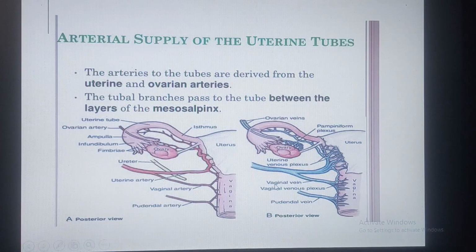Then of course, with respect to drainage, they will be drained by corresponding veins. You can see the uterine venous plexus will actually all the way come in and drain it. So it will drain through the uterine venous plexus as well as into the ovarian veins.